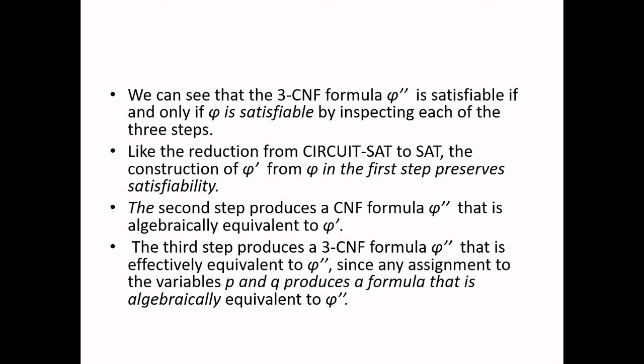Okay, like the reduction from circuit SAT to SAT, the construction of phi dash from phi, the first step, preserves satisfiability. The second step produces a CNF formula phi double dash that is algebraically equivalent to phi dash.